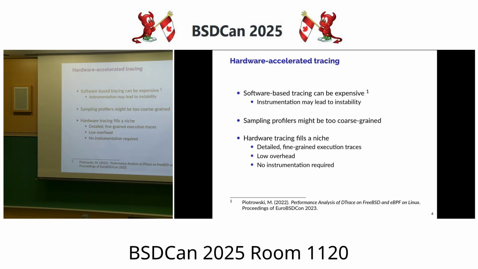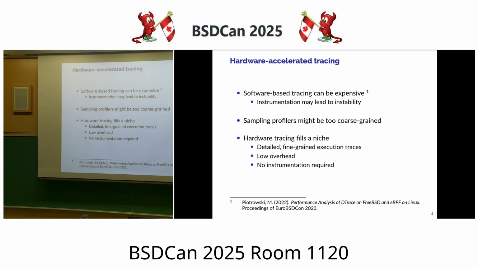But they do have some drawbacks that don't make them a perfect fit for all use cases. Those of you who attended EuroBSDCon in 2022 might remember a talk exploring the performance overhead of software-based tracing technologies on FreeBSD and Linux.